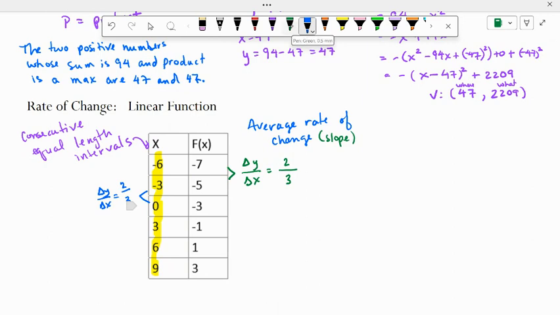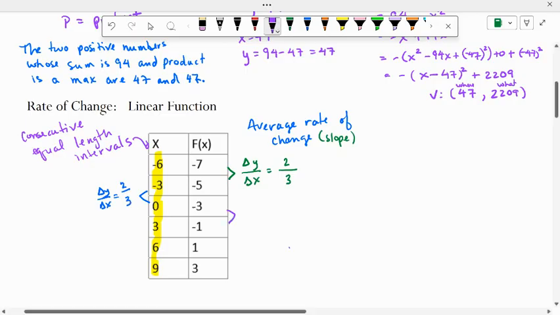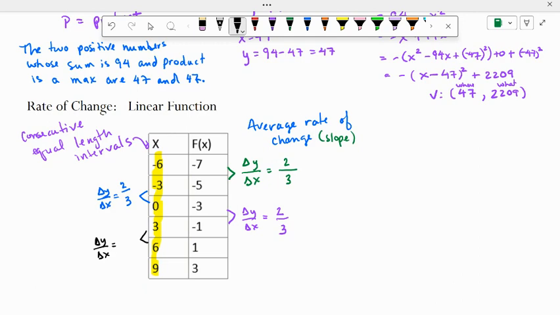And then over here, if I go from this interval, I have change in y over change in x. -3 to -1 is a change of 2, and 0 to 3 is also. So what I'm seeing is that my average rate of change over these equal length intervals is the same.